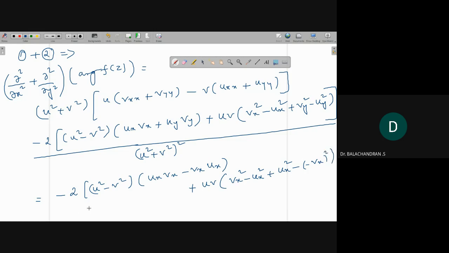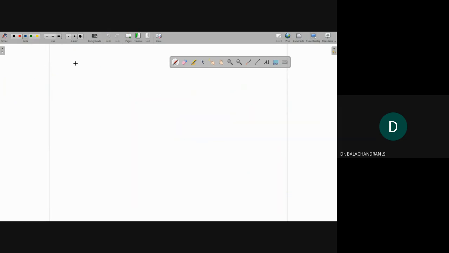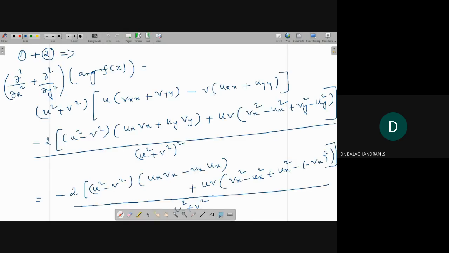divided by, this minus 2 is common for everything, divided by u square plus v square. So the next line, which is equal to, yes, this is 0. u x v x, this is 0. Here also you can see u x square.